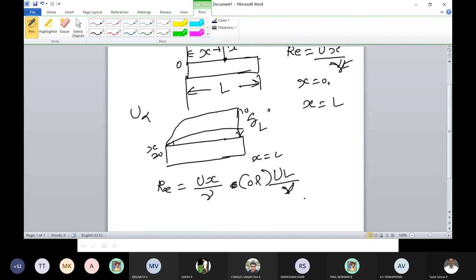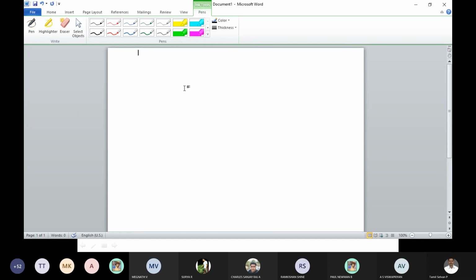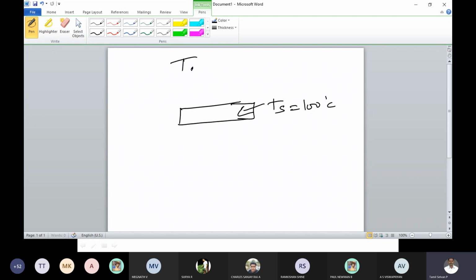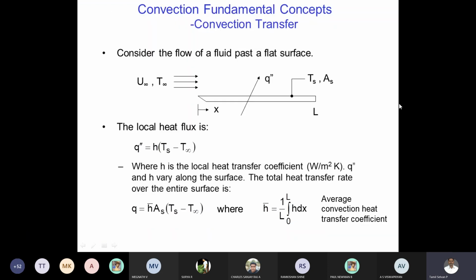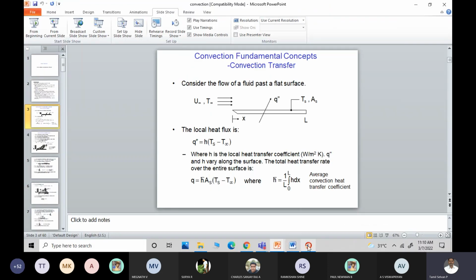Now, let me ask a question. You have the surface temperature of the flat plate as 100 degrees C, and T infinity is equal to 25 degrees C. At which temperature will you be calculating the properties?